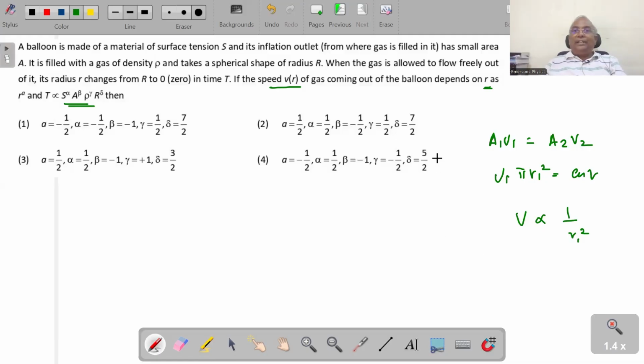Now what do we need to get out? The speed of the gas coming out of the balloon depends on r. What is the value of r? So here V1 is equal to pi r1 squared.